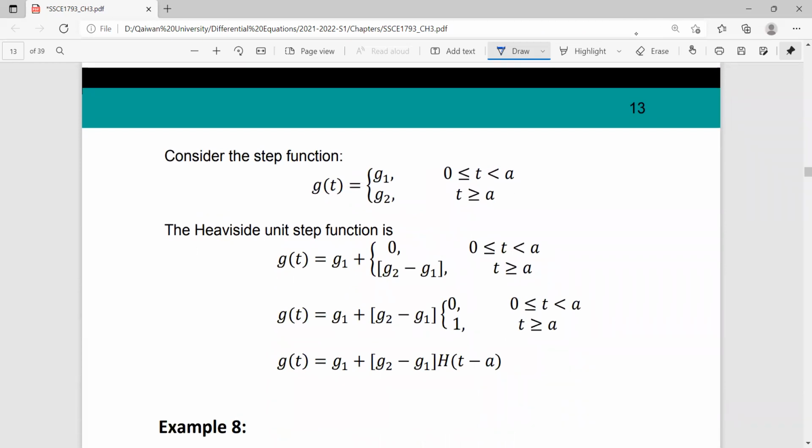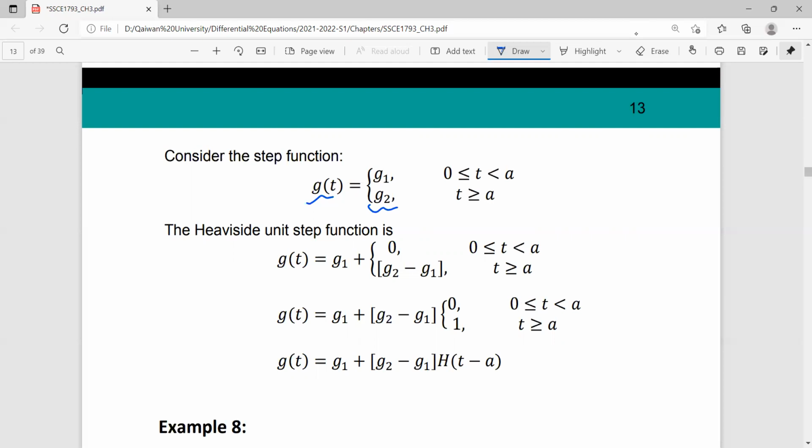Let's see this in an example. Here we have a given step function. This is not a unit step function, it's a step function. g of t equals g1, where t is between 0 and a, and it equals g2, where t is greater than a. This is a continuous piecewise function.